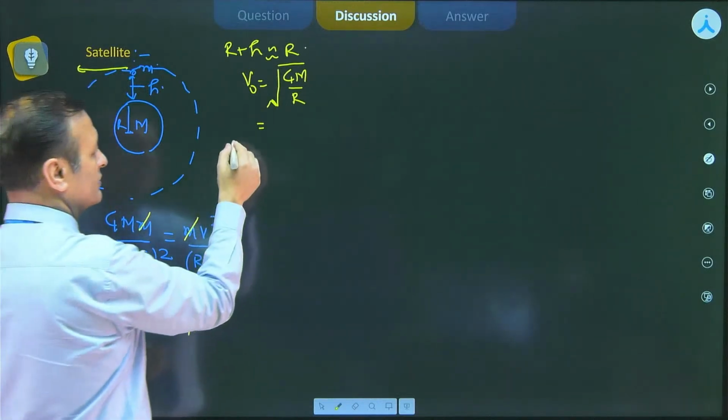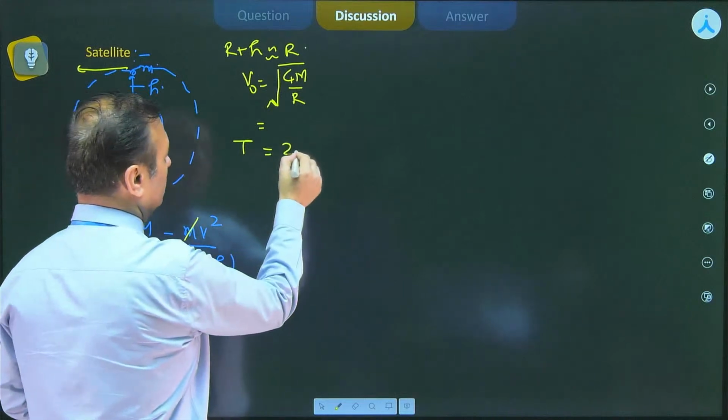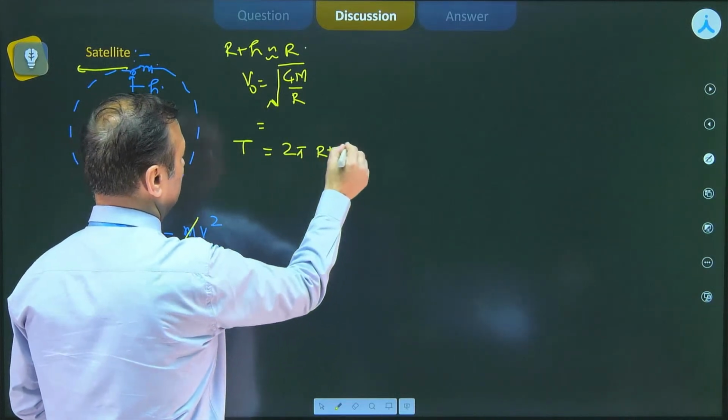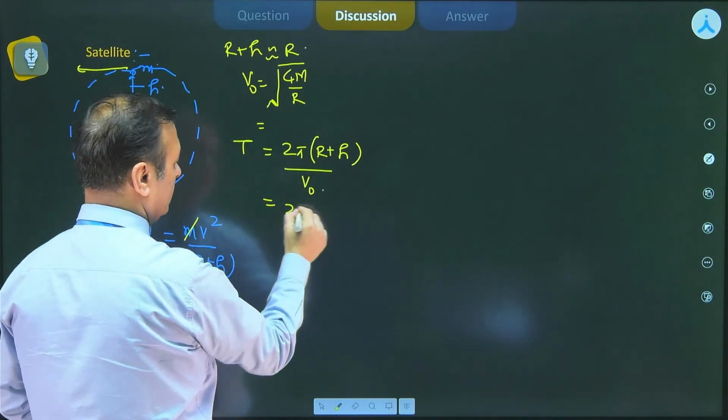Now if I have to find out the time period for this satellite, the time period would be 2 pi (r plus h) by v orbital.